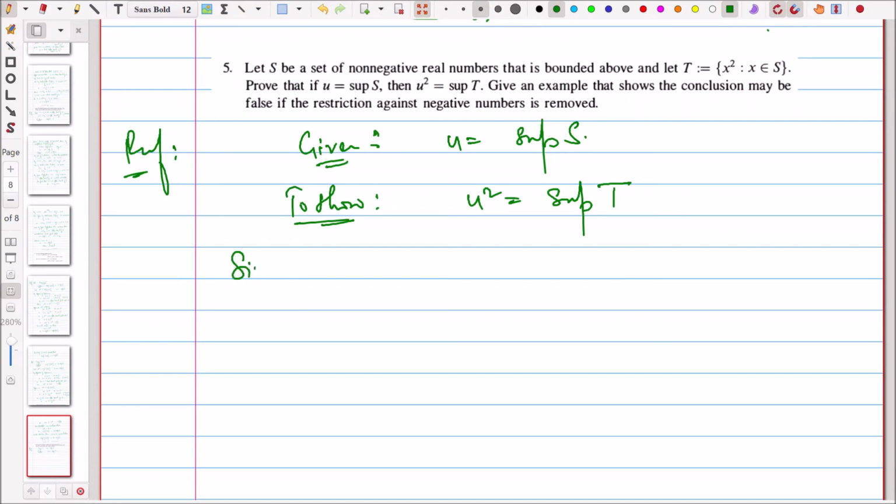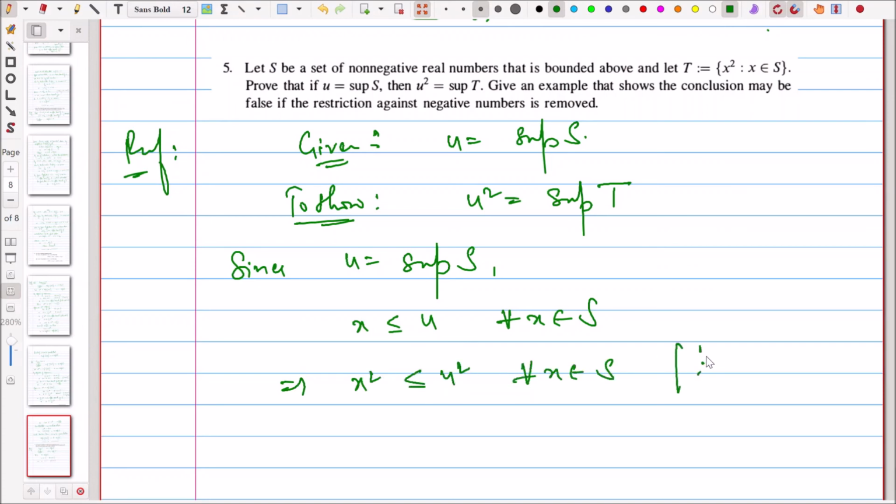Since U is equal to supremum of S, X is less than or equal to U for all X belonging to S. So every member of S is smaller than U. This implies X square is less than or equal to U square for every X in S, since both X and U are positive. X is a member of S, so X is greater than or equal to 0.